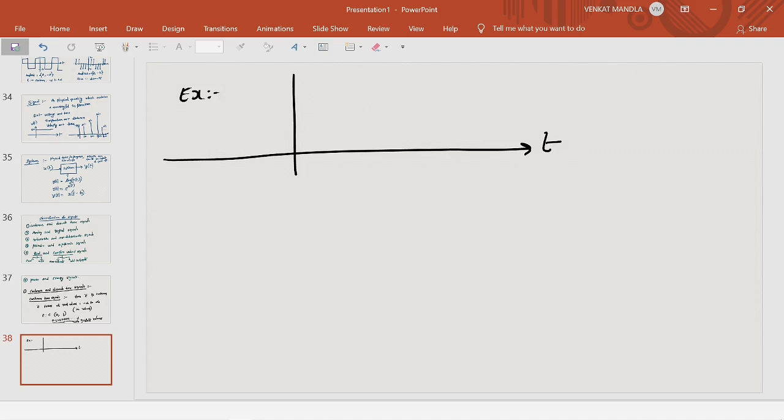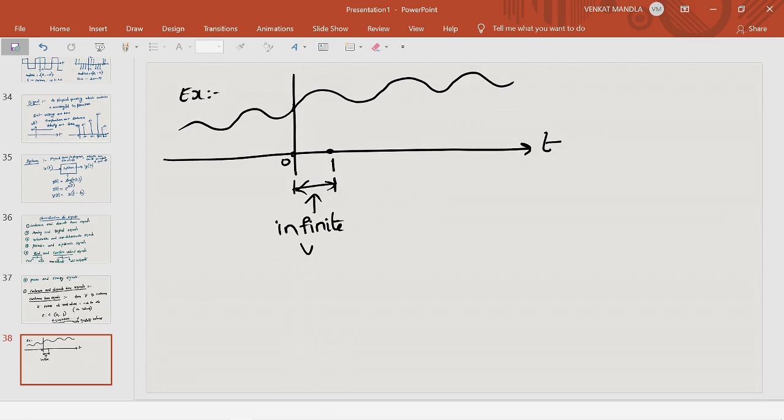This time is continuous. The signal is defined at each and every point of time. So I will say like this: between 0 to 1 we have infinite values, but at each and every point between 0 to 1 the signal is defined.